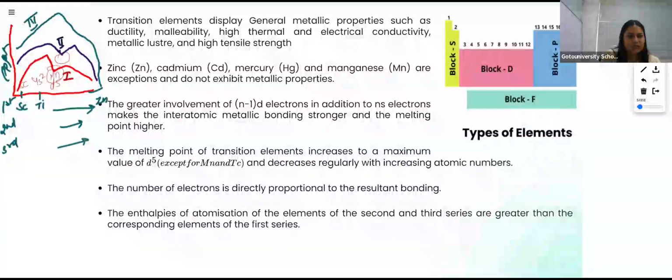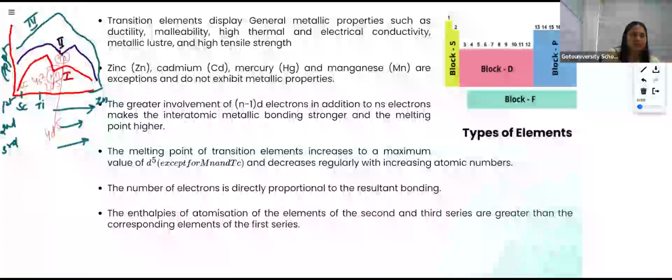Same in the case of the second transition series, where the Tc element shows a dip for the same reason, as it has a stable 4d5 configuration, while manganese has 3d5.